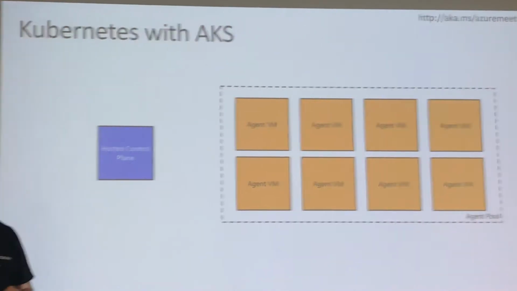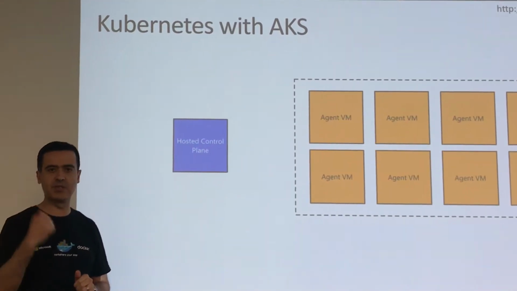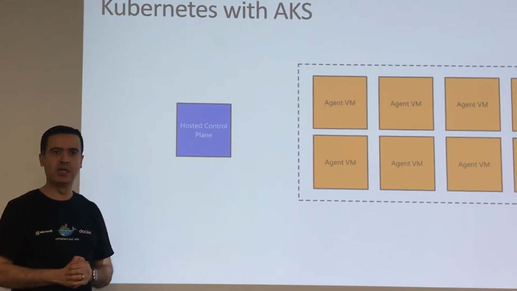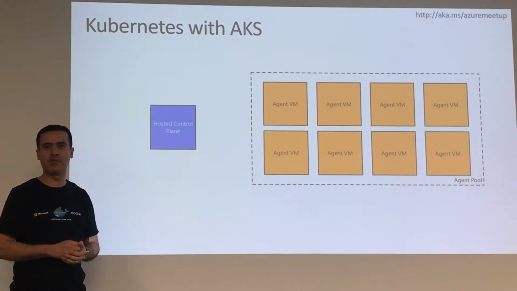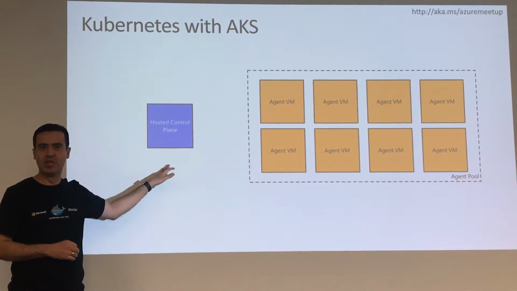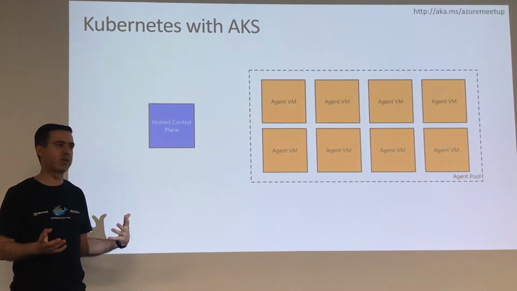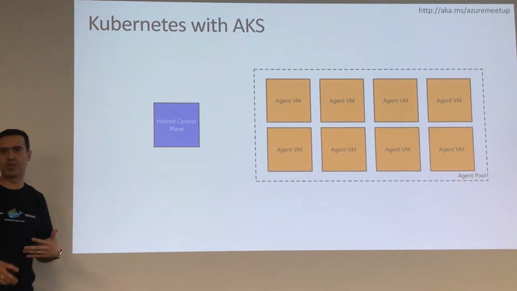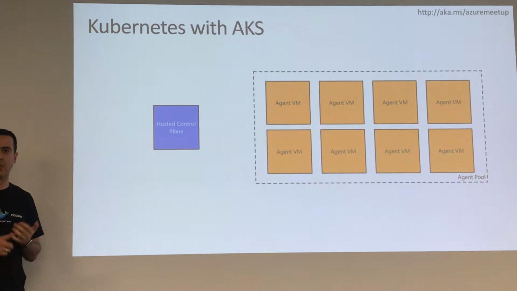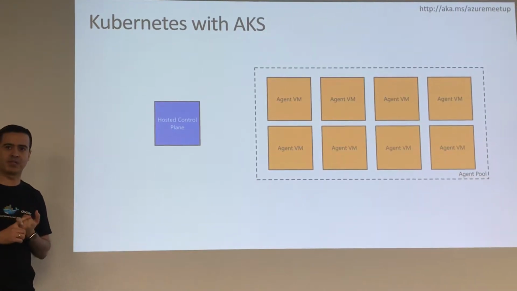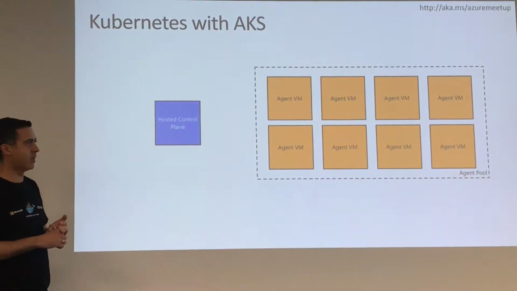More recently, at Build, we announced the Azure CNI, which gives you advanced networking capabilities for Azure Kubernetes Service. So essentially, it connects the Kubernetes cluster with a lot of our services. In terms of a load balancer, we have our layer 7 load balancer as well, that we call Application Gateway.